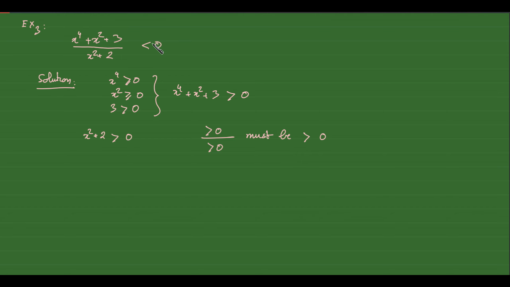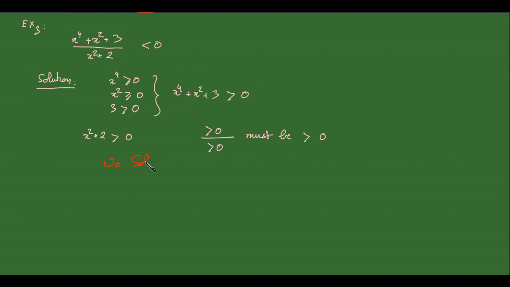And they want to find the x value that's less than 0. So this doesn't make sense, because no matter what value we plug in, it's always greater than 0. But we want to find some value of x that's less than 0. We don't have any. It means that our answer over here will be no solution.